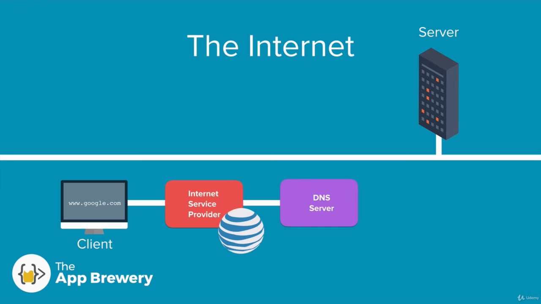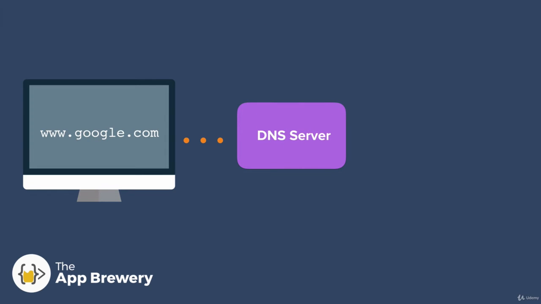And a DNS server is essentially just a souped up phone book. And what happens when you make that request through your browser is the DNS server will look up in its database what is the exact IP address of that website that you're trying to access. And every single computer that's connected to the internet has an IP address.